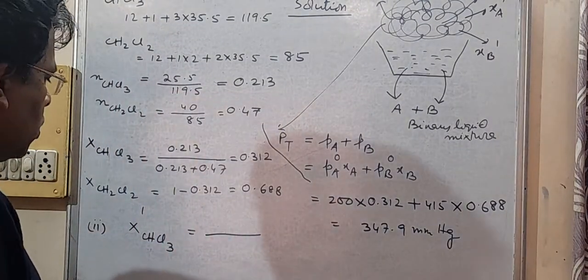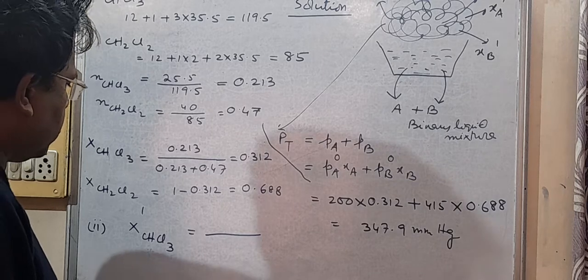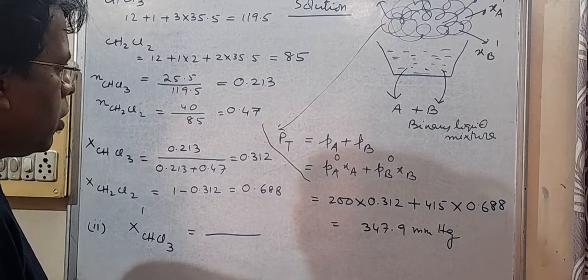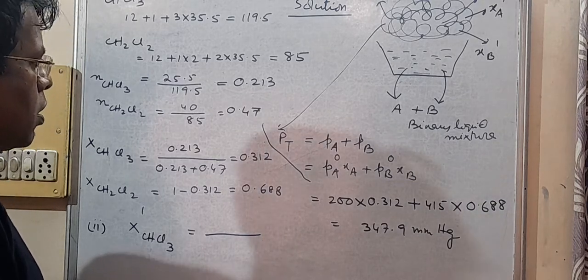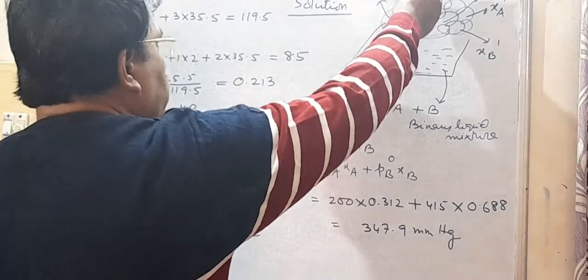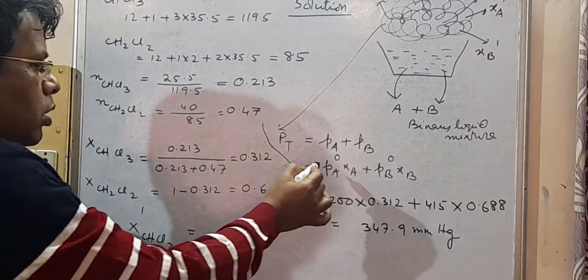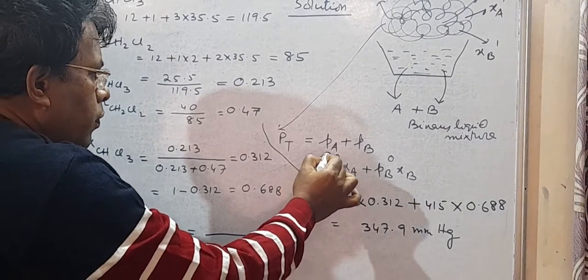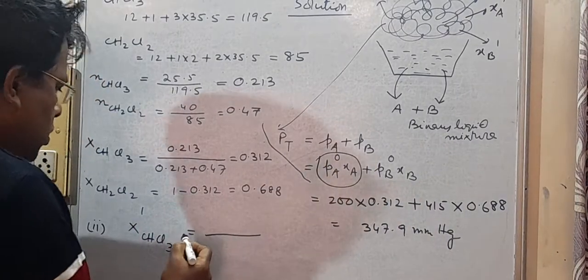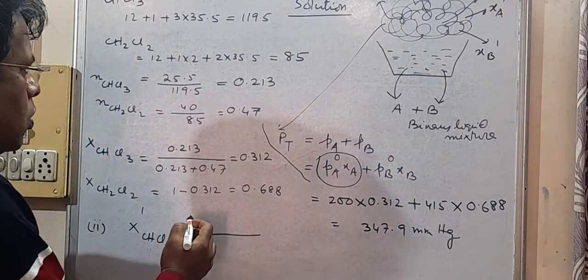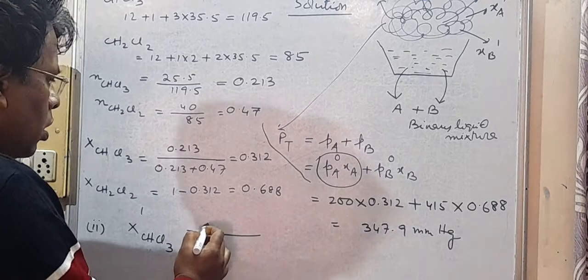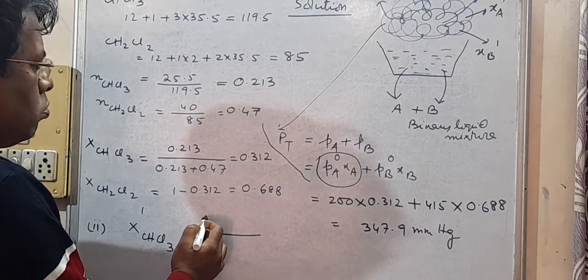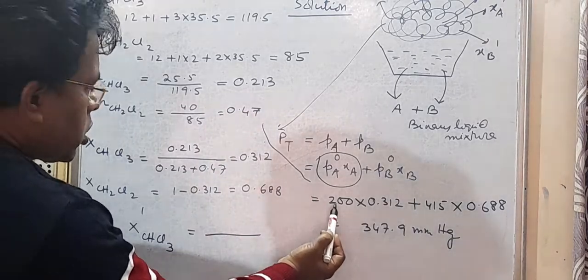It will be your... we get it in this way. The pressure due to A, which is this term, we will write. So that is your pressure due to chloroform.